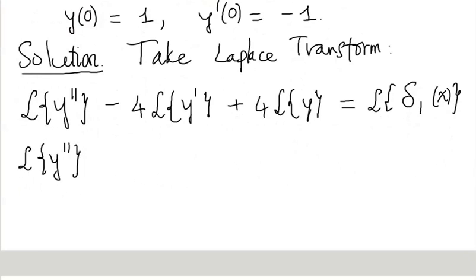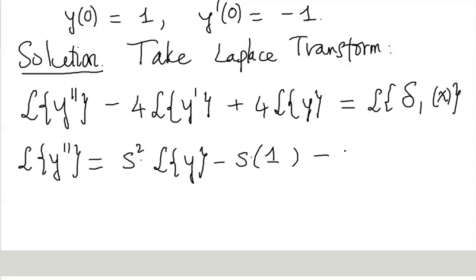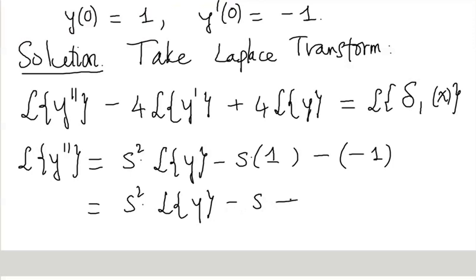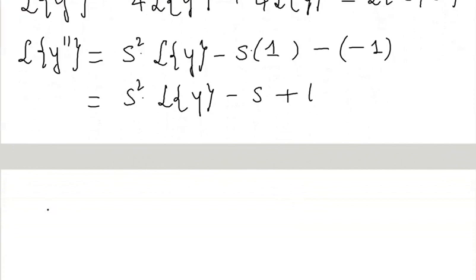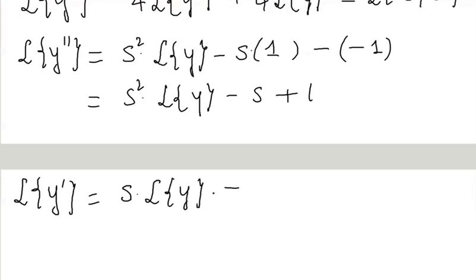Laplace transform of the second derivative is s squared Laplace transform of y minus s times y of 0, y of 0 is 1, minus y prime of 0, which is negative 1. And we get s squared Laplace transform of y minus s plus 1. On the other hand, Laplace transform of y prime is s times Laplace transform of y minus y of 0, which is 1 here.